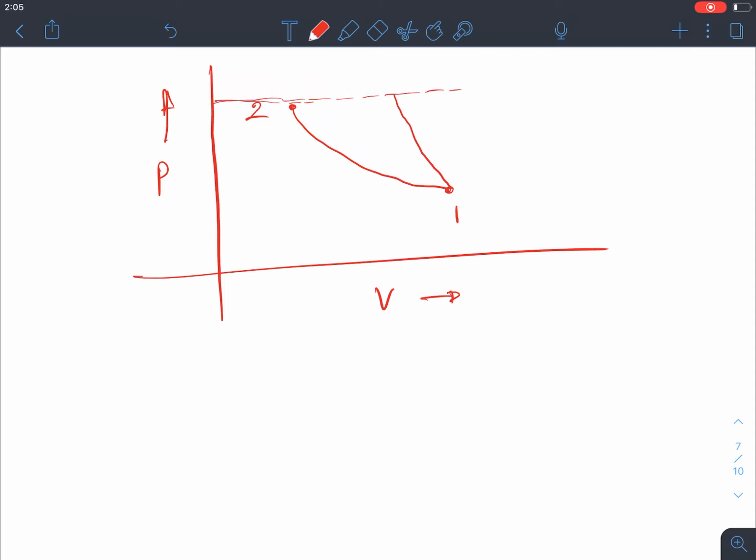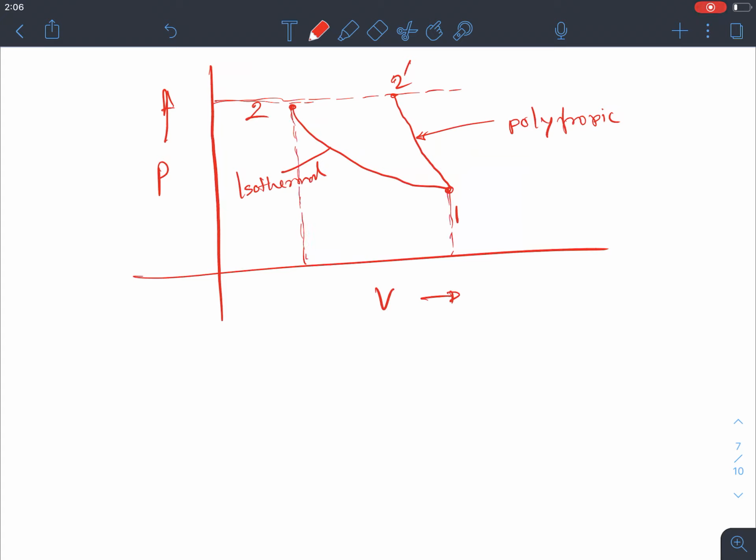However, in the actual case we see that the compression process doesn't follow that isothermal path, right? It's a polytropic path. So this is isothermal and this is polytropic, not isothermal, right? And then we see that this is the ideal case, and the area under this curve is work done, right?